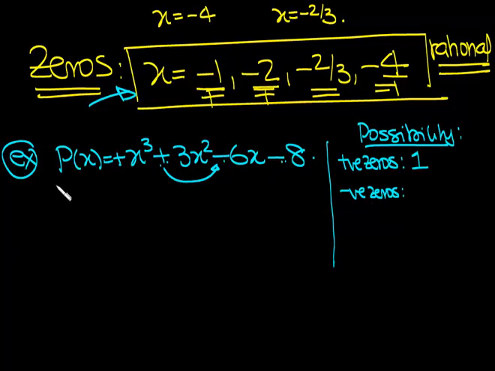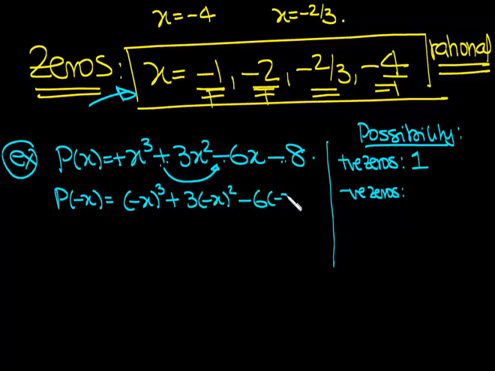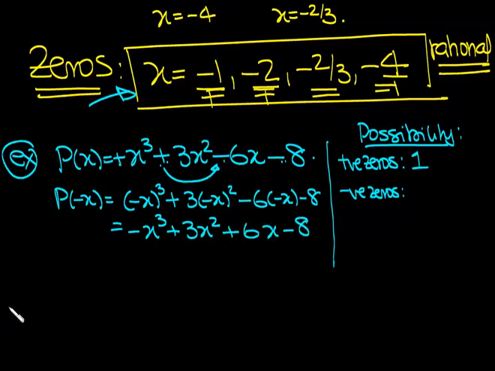Now to find the negative zeros, you change x to negative x in the whole entire polynomial. So we end up with negative x cubed plus 3x squared plus 6x minus 8. All I did is cube each of these x's, and I put parentheses because I was plugging in a negative number.